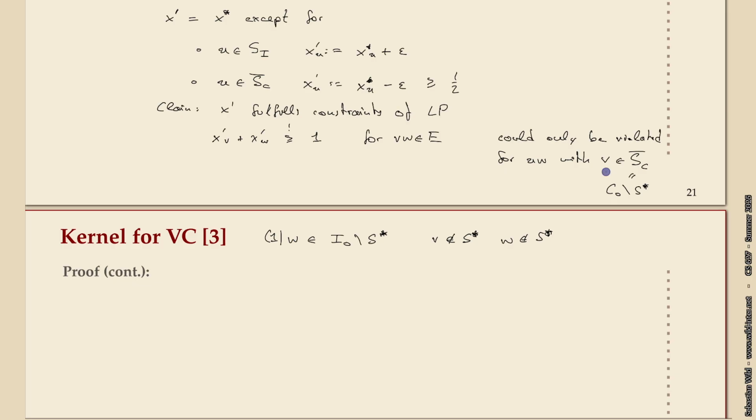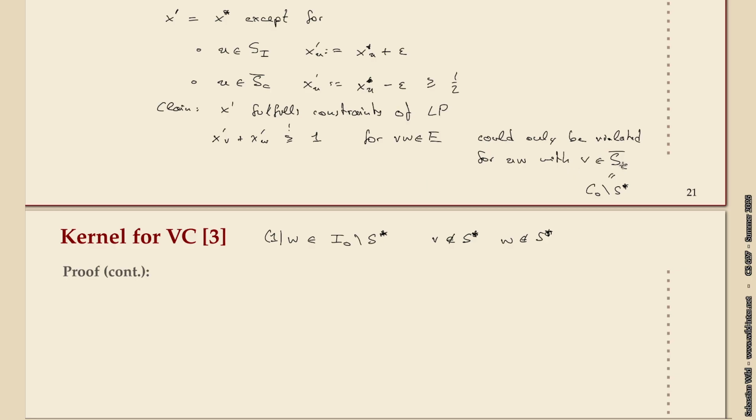So we have one endpoint in SC bar. Then we distinguish cases for the other endpoint. It still follows now for both, because both vertices are in some set where we subtracted SC star. So if they were in SC star, they would not be in this set difference. All right, so that's true for V because of the assumption here. And it's true for W because of the case distinction.